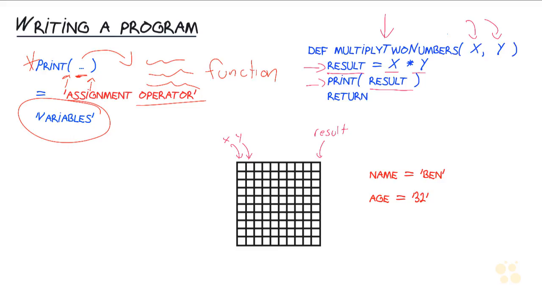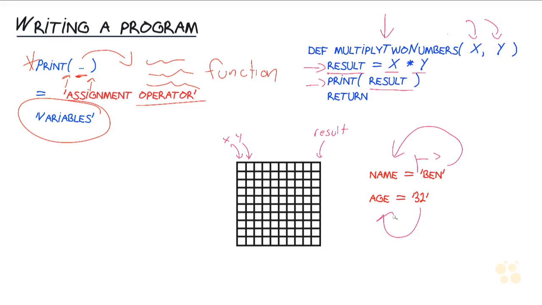And real quickly, just notice how the equal sign, the assignment operator, works. It takes the information on the right-hand side of the equal sign, and it puts that into the variable on the left. So that's how the assignment operator always works.